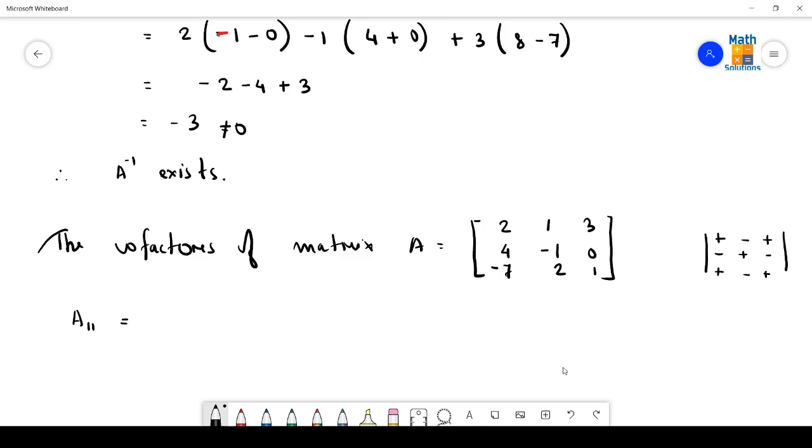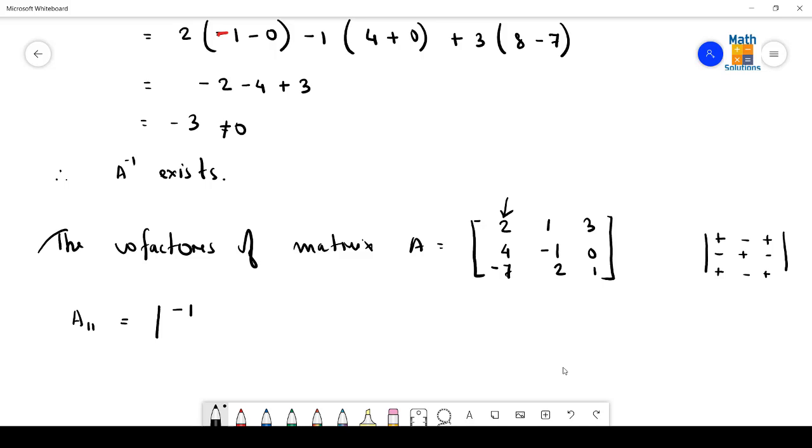So the first term, capital A11, stands for the cofactor of the element lying in the first row and the first column. That means for 2 we are finding the cofactor. Since the element is lying in the first row and the first column, we have to exclude this row and column, and out of whatever elements are left behind we construct a determinant.